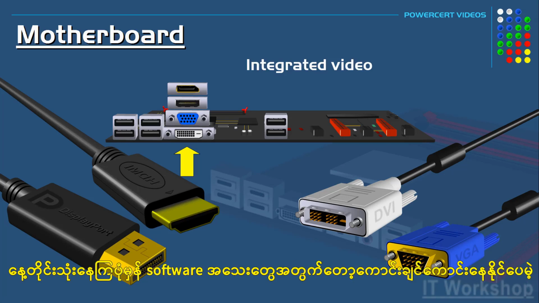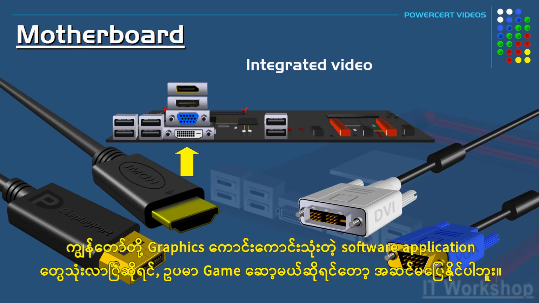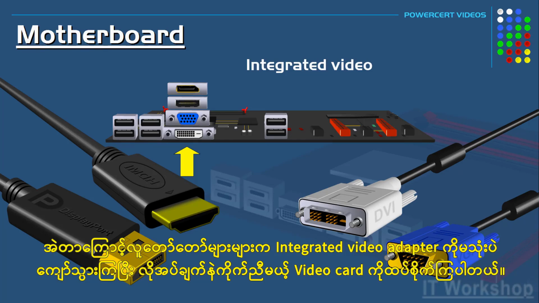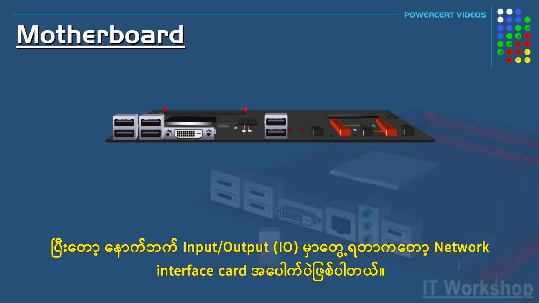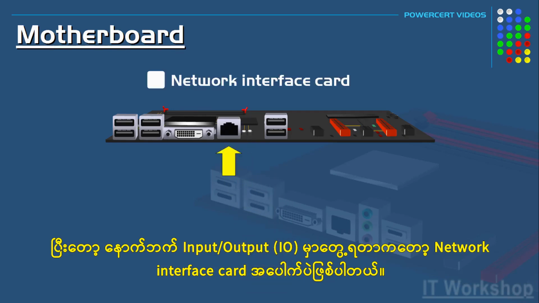They are good for normal everyday use with light applications, but when used for extensive graphic applications, such as gaming, they can fall short. That's why a lot of people will bypass the integrated video and add an expansion video card that has enough power to suit their needs. And some other things that would appear on the rear input-output panel is the network interface card.